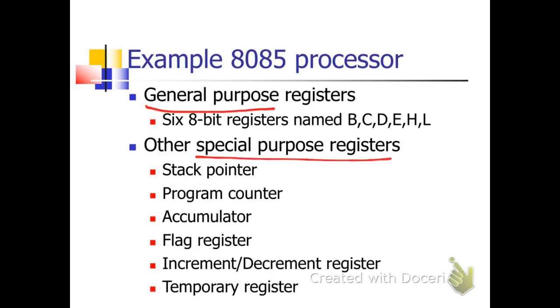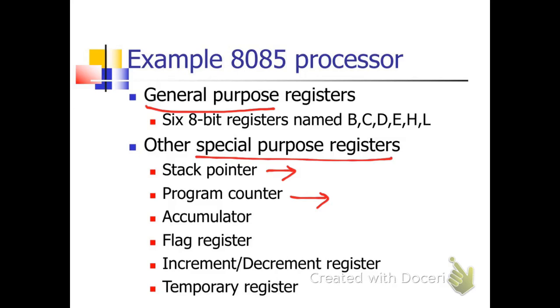In addition to these, you also have special purpose registers. From the name itself, you understand that these registers are built only for a specific purpose. Some of these are the stack pointer, the program counter, the accumulator, the flag register, the increment decrement register, temporary registers, and so on. The difference between these and the general purpose registers is that these registers can store only a particular type of value.